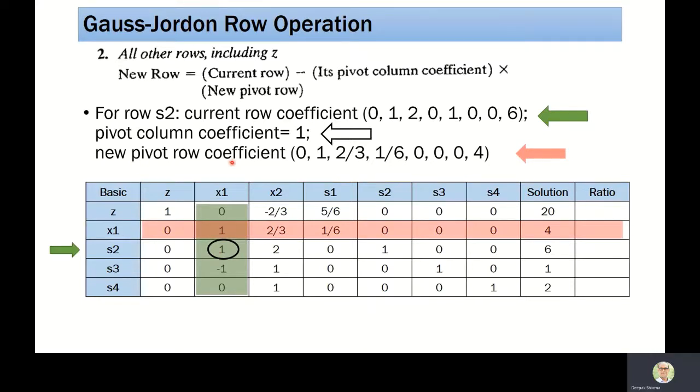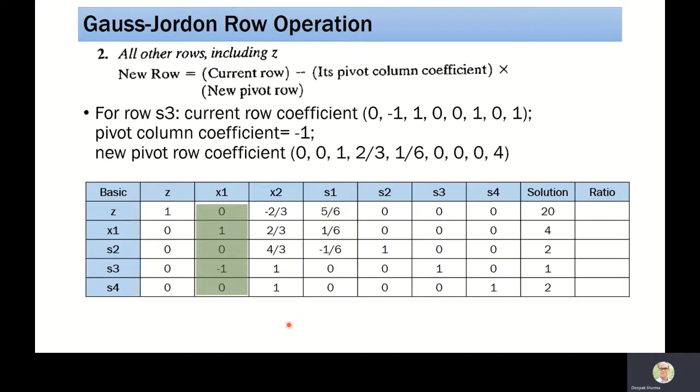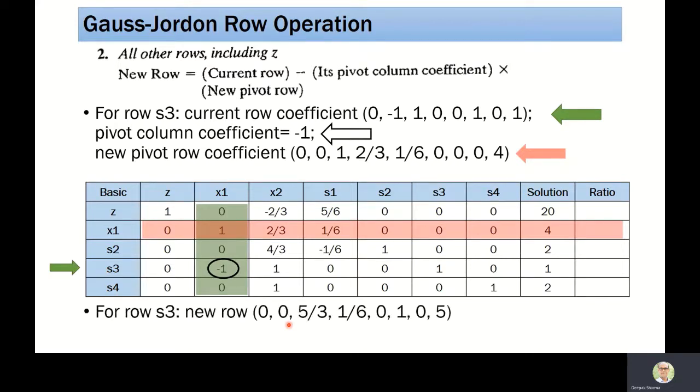And the new pivot row coefficient will remain the same as in the previous slide. I can put this into our formula and get the new S2 row. Similarly, I can find S3 as well, identifying the pivot column coefficient and then the new pivot row coefficient, and then I can find the new row.